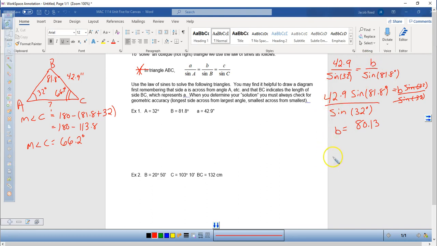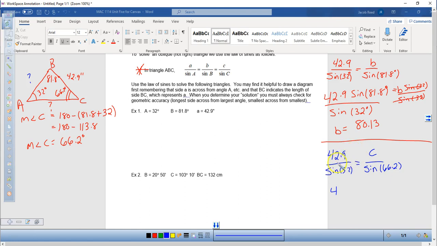Now I repeat this process again for C. I'm going to use 42.9 again over sine of 32, and this time I want side C over sine of angle C, which is 66.2 degrees. Cross multiply, which really in this case all we have to do is multiply by sine 66.2.